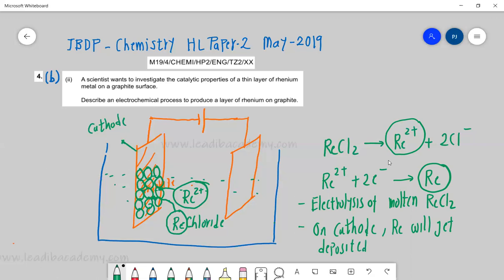Okay, that's all. So very, very simple. We'll get the layer of rhenium on the graphite electrode. Simple.